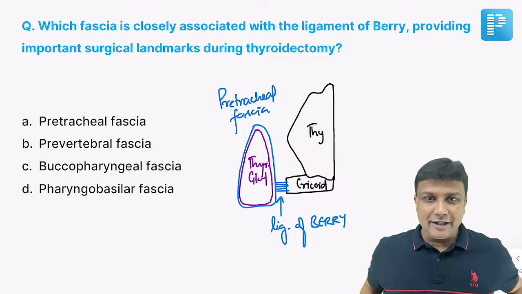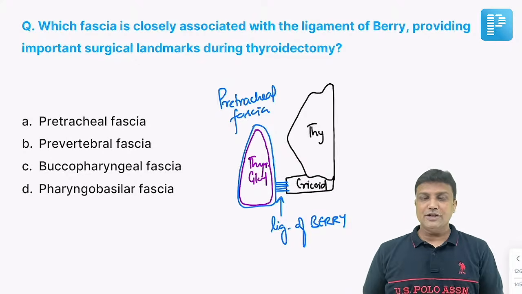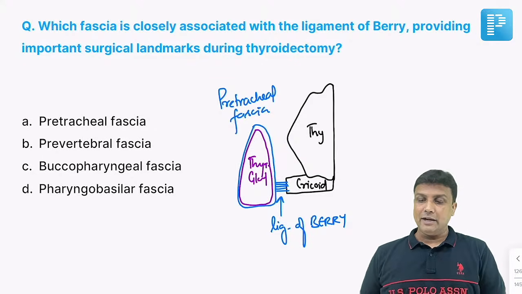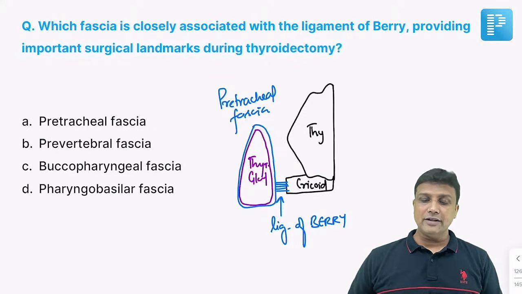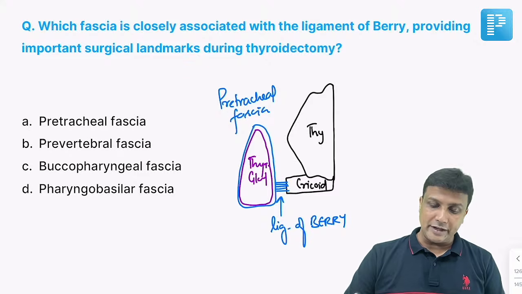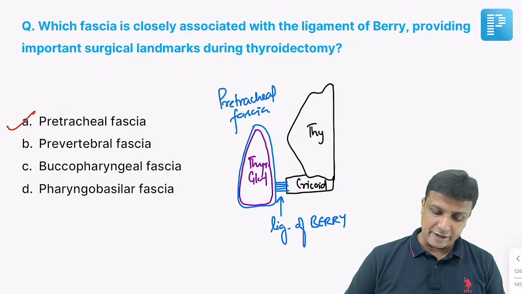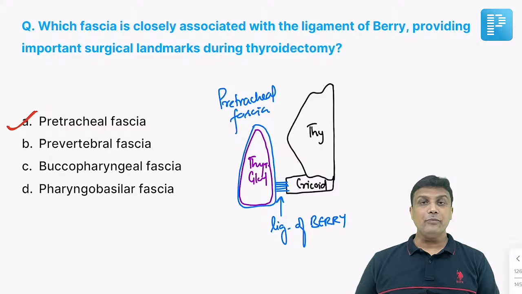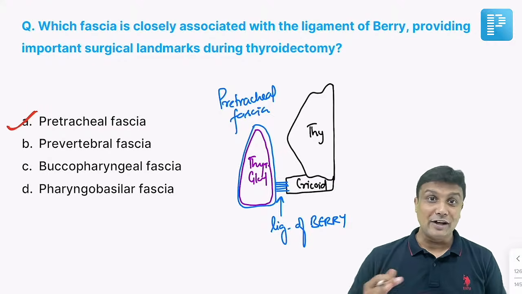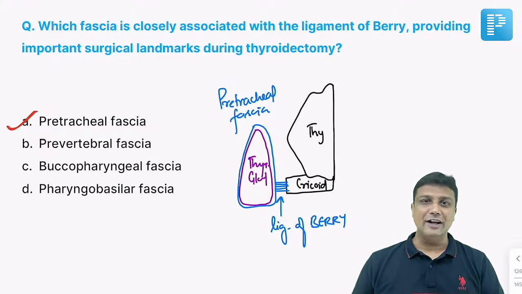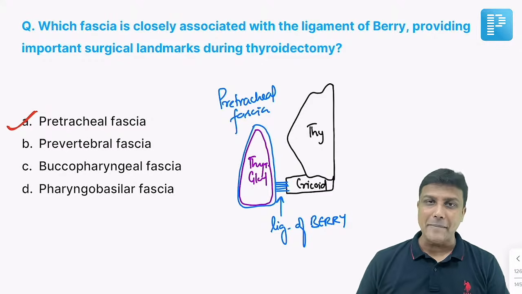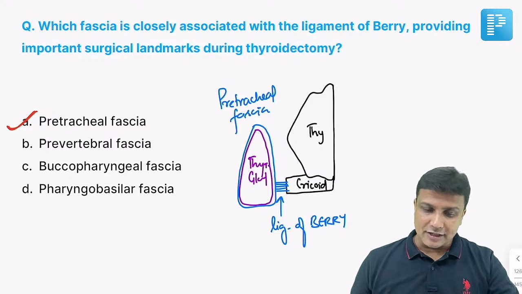Now read the question again, you will understand, guys. Which fascia is closely associated with the ligament of Berry, providing an important surgical landmark during thyroidectomy? Of course, the answer will be the pretracheal fascia. Ligament of Berry is actually the modification of that pretracheal fascia. I hope you're understanding with this diagram in a crystal clear manner. Let us go ahead, sir.